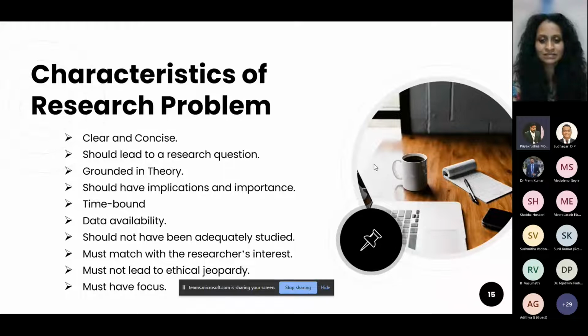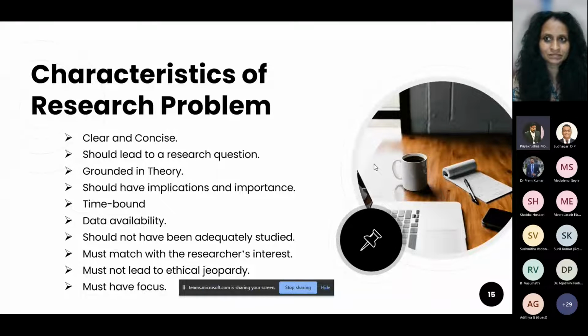Even though you are an astrophysicist, you cannot say that I will do research on the movement of Mars across a period of time, because that will take a longer period of time. In the case of sustainable tourism, you cannot say that I will do a longitudinal study of the problems of a particular community over a period of 10 years, because there is no time for 10 years.